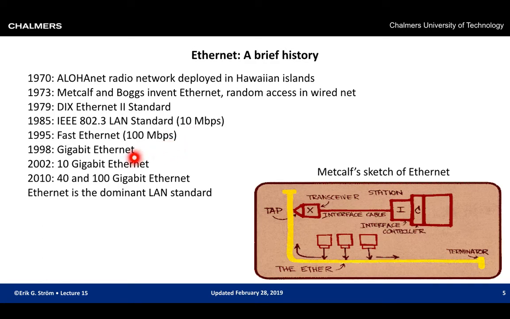In '98 was the gigabit standard. 2002, 10 gigabits. 2010, 40 and 100 gigabit standards, right? So it's been developing, and you see the development is perhaps a little bit faster at the end here. So today, Ethernet is the dominating LAN standard.